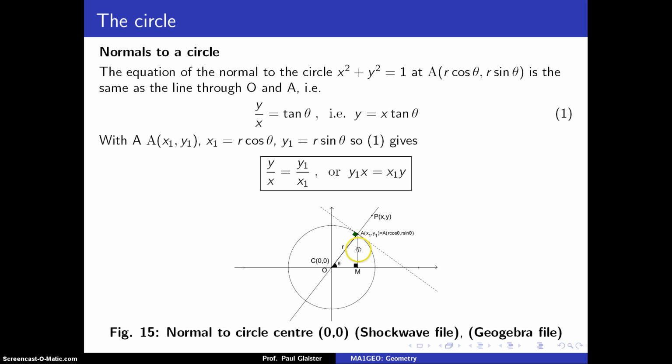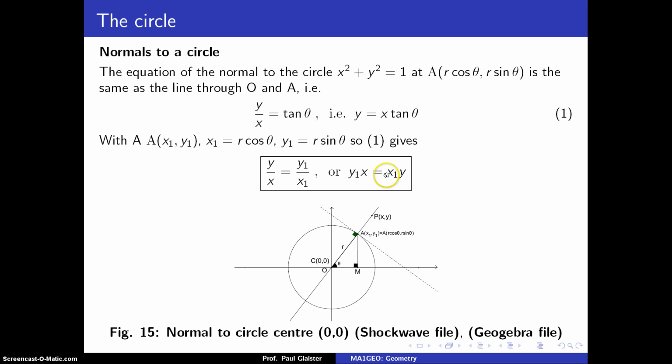So, very simply, any point P on the normal at the point A, which is perpendicular to the tangent, will have to pass through the origin, and hence the y difference from O to P divided by the x difference from O to P, which is y over x, will be the ratio of the y difference to the x difference for any 2 points. If we take the origin as one and A as the other, then y over x is y1 over x1, or this. So that's the Cartesian equation.